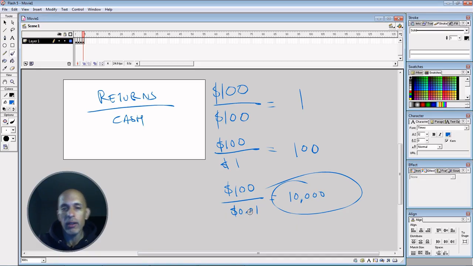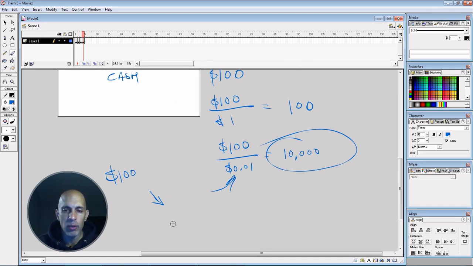Putting in $100 and getting back $100, at least you didn't lose anything other than your time. And with inflation, and if it's done over 30 years, you have to take that into account, because that sucks. But if you put in $1 and you get back 100, that's not bad. But imagine you had $100, and you put in 1 penny here, and then 1 penny in another one.